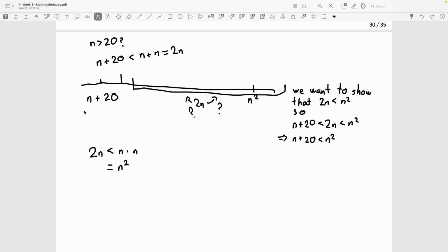If we changed n plus 20 into something less than that, let's say just n, and then showed that n is less than n squared, that wouldn't really show us anything because it doesn't follow from that. I'm just going to write this here for illustration.